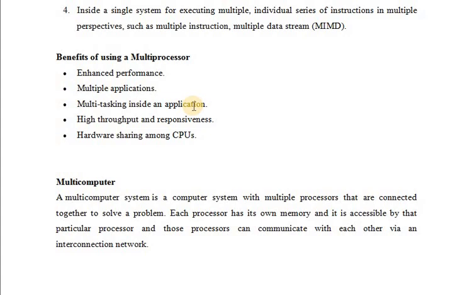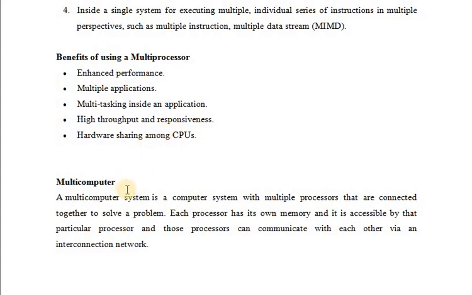Another example is typing a document in MS Word and listening to music at the same time. A computer performing more than one task at a time is called multitasking. Then high throughput and responsiveness, hardware sharing, common CPU.